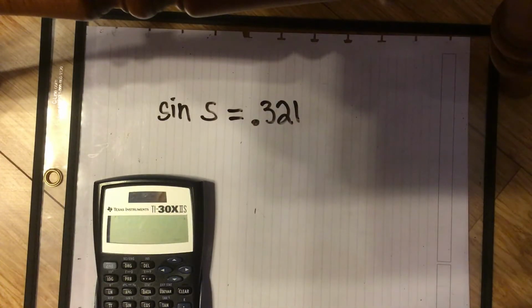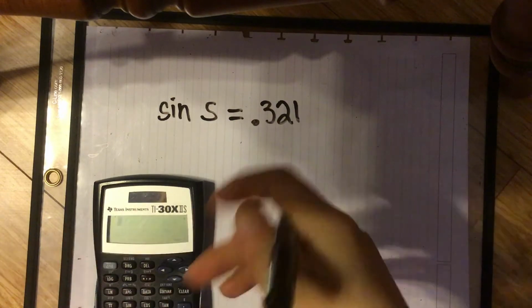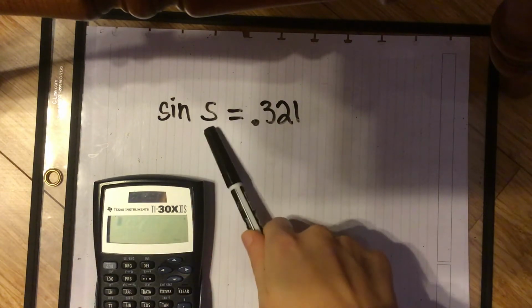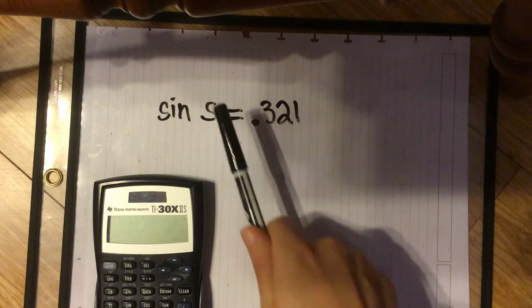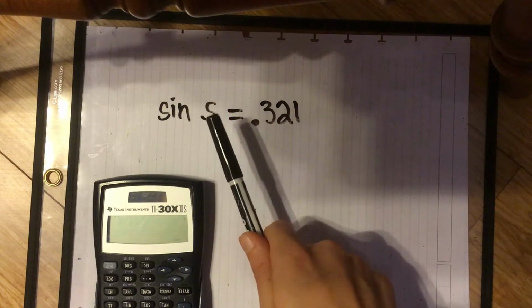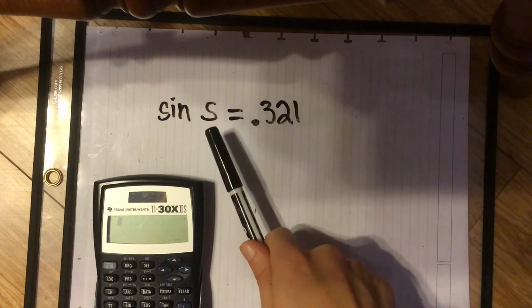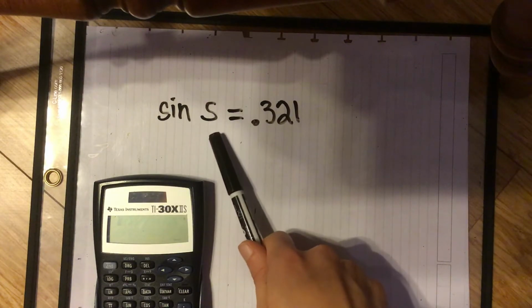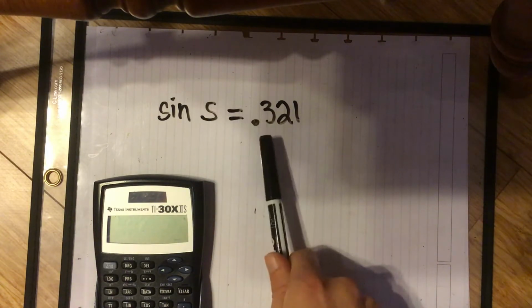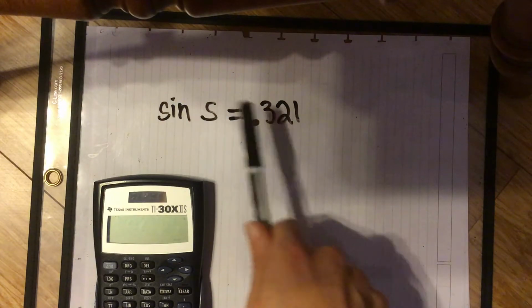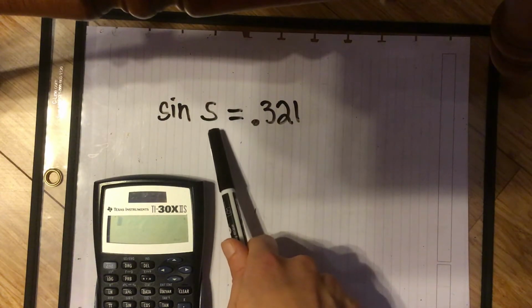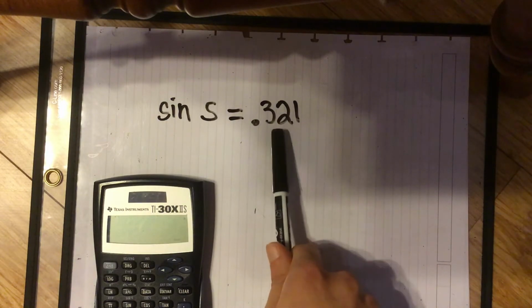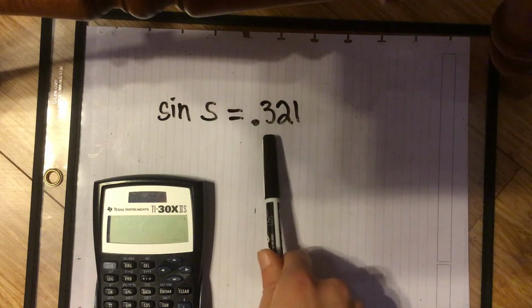And you still might want to go backwards. So we did some before where you need to find the angle that had a specific sine value or cosine value. These are going to be worded a little differently, so it might throw you off, but they're going to say find the arc length that would have this sine value. That's because by restricting these to the unit circle, your arc length and your measure of your angle are really the same thing.